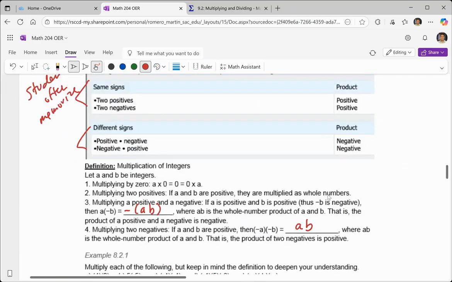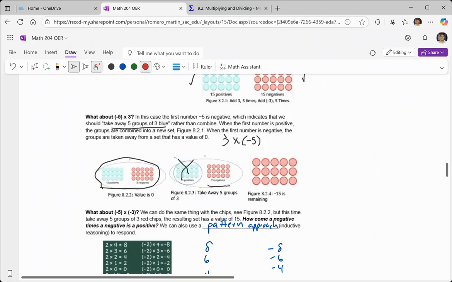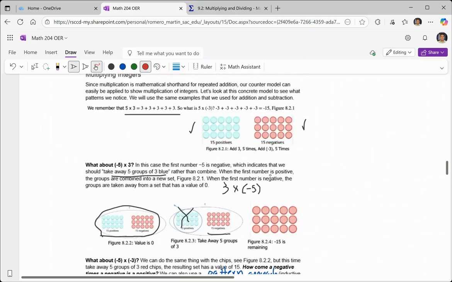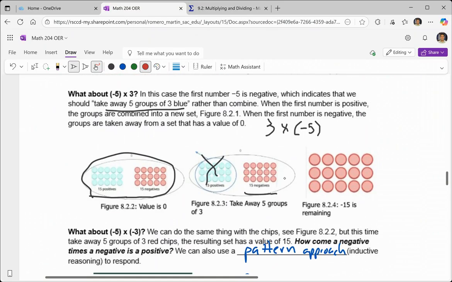Of course, we have rules, and sometimes students memorize these rules. When the signs are the same, your answer is always positive. Maybe that's just easier to remember. When the signs are different, your answer is negative. So it's just memorizing, but this gives us a conceptual reason why that makes sense, looking at the patterns, the chip models, or our set model approach.